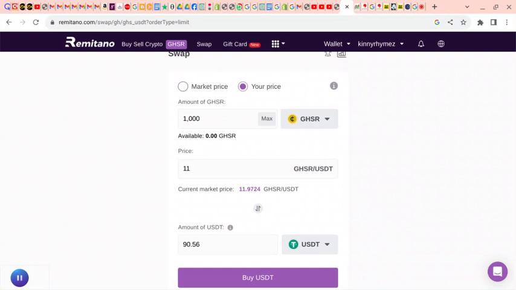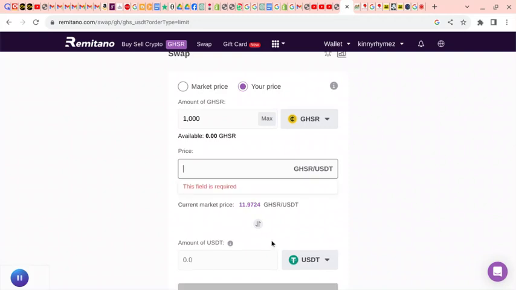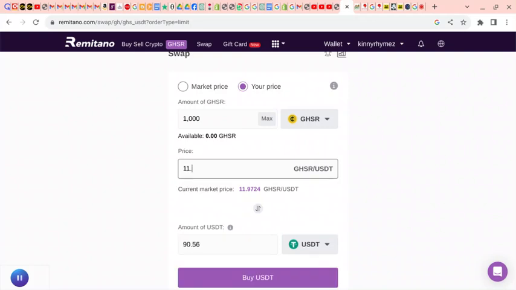The reason why I use 11 is that if you use 10, it's like it's going forward. But if you use 11, 11.0, 12.0, have you seen that the Ghana cedis to USDT price, the more it goes up, the amount of USDT is decreasing?